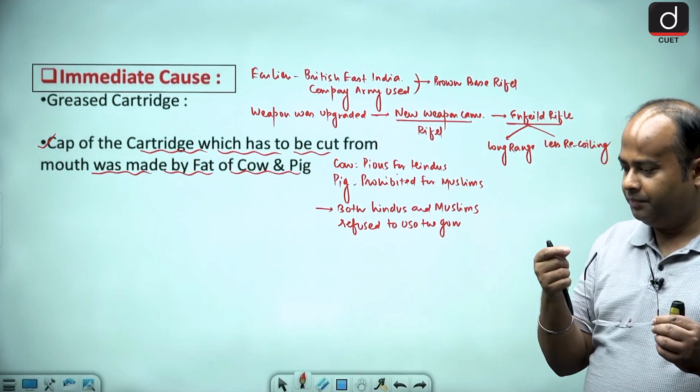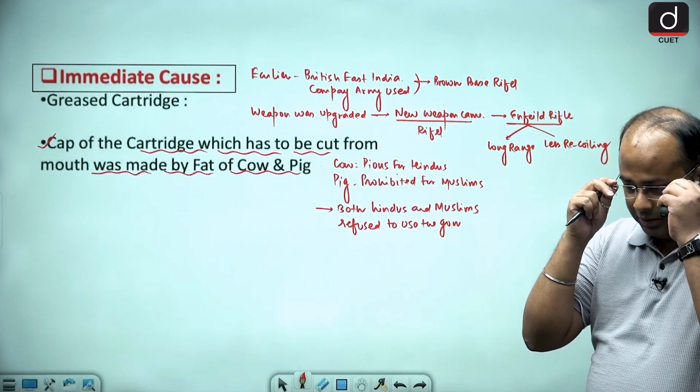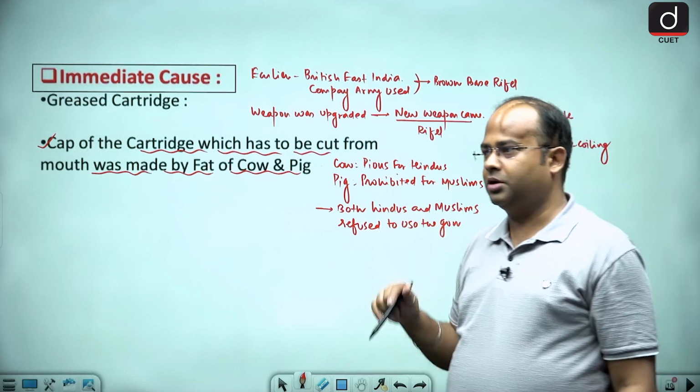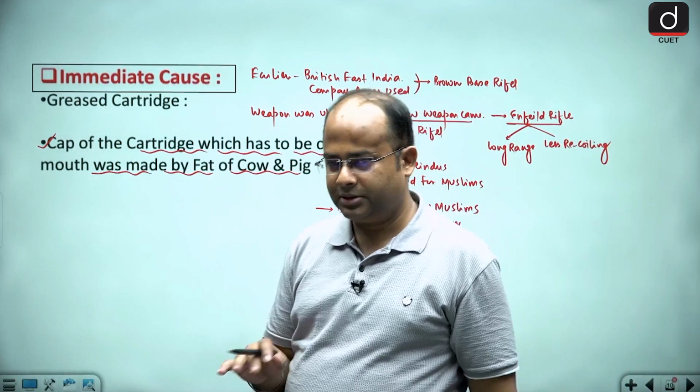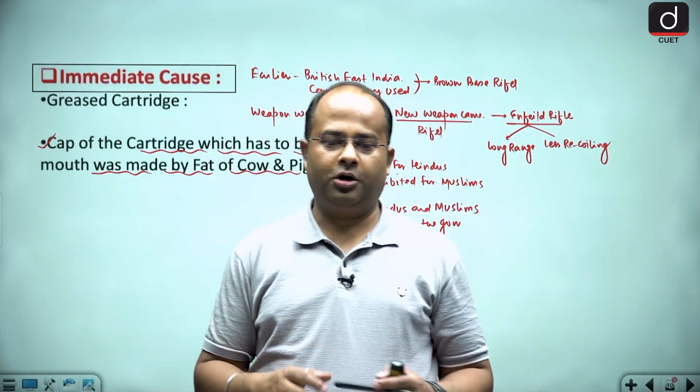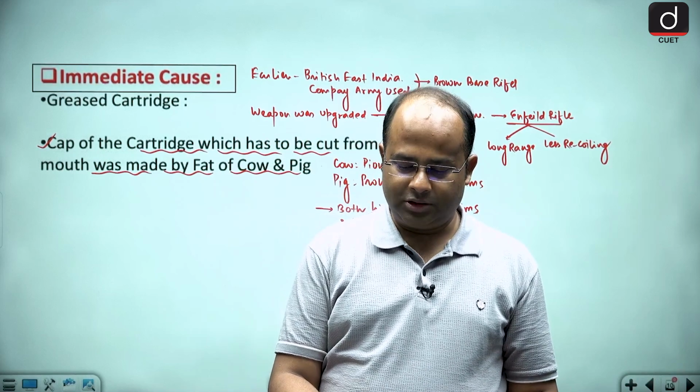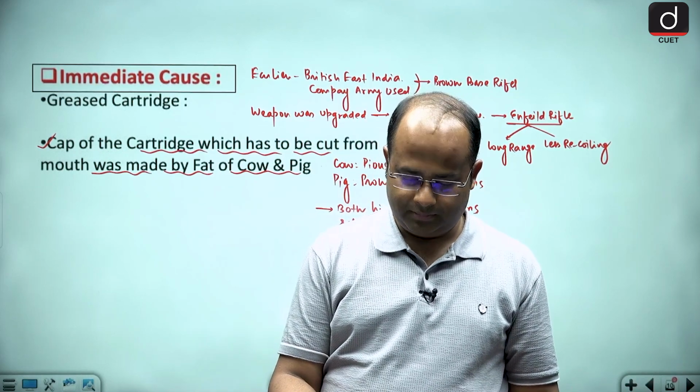That was the immediate cause, the main cause for the revolt of 1857. So am I clear to all of you what the immediate cause for the revolt of 1857 was?